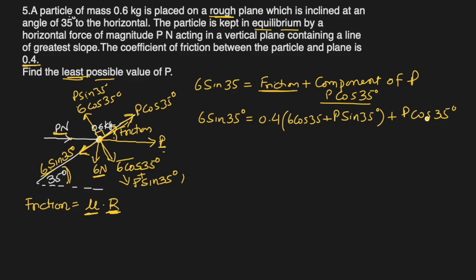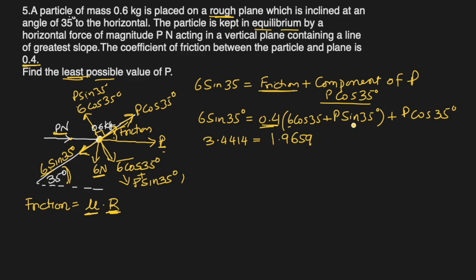So let's first write what 6 sine 35 is: 3.4414. I am taking maximum digits so that my answer is accurate. 3.4414 equals, let me first do this one, 0.4 times 6 cos 35, which becomes 2.4 cos 35, 1.9659, and then 0.4 will multiply here also.